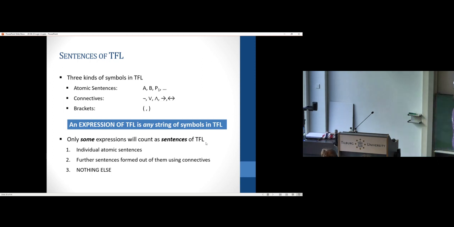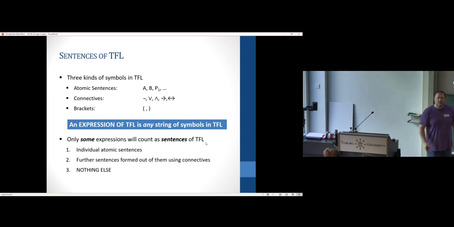The core constituents of this language, basically there are three kinds of symbols. Capital letters, possibly with subscripts, that are our atoms. There are the five connectives that we talked about earlier today. And there are brackets. We've seen them already.